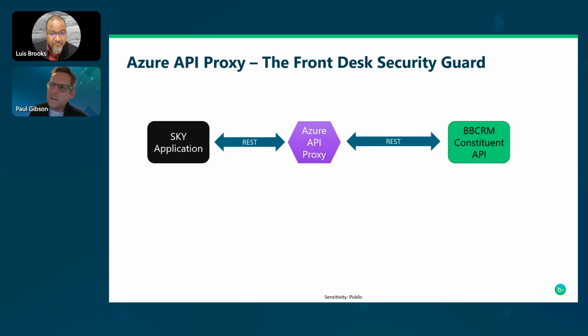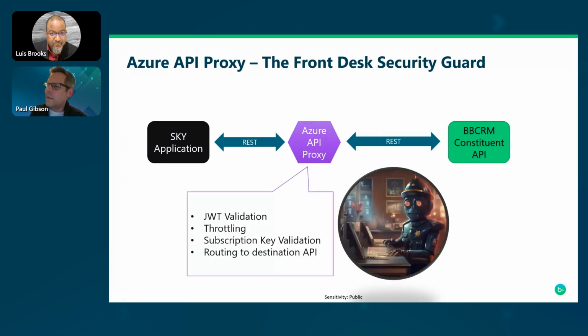So in between our system and your application, there's a feature of Microsoft that's designed specifically for these types of things. And what the proxy is, I like to think of it like a front desk guard. So what the front desk guard does is that component is going to validate that the JWT is valid, meaning it's signed, which means it's a valid OAuth token.